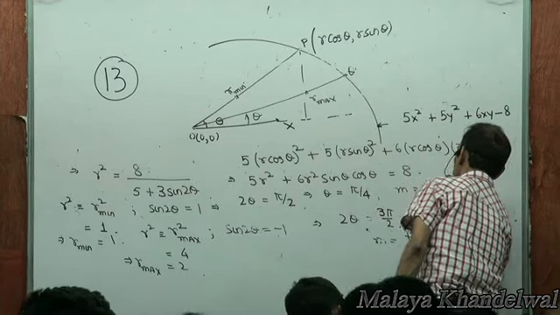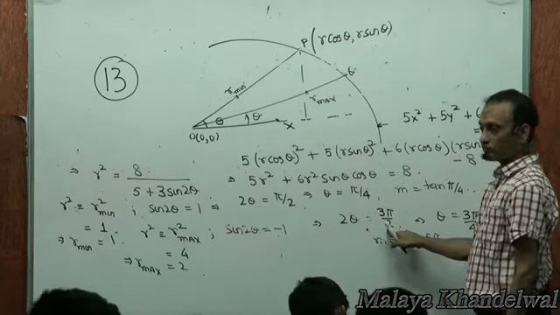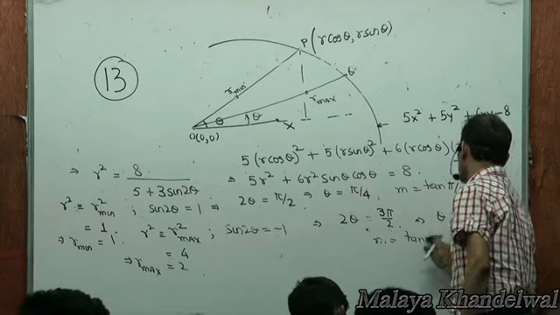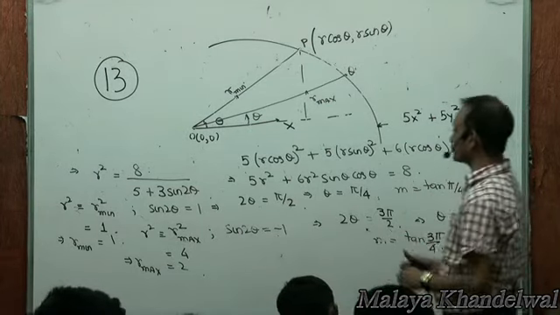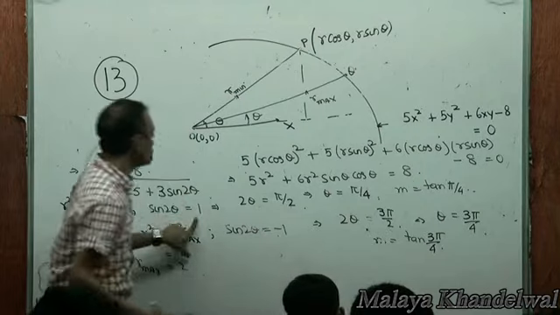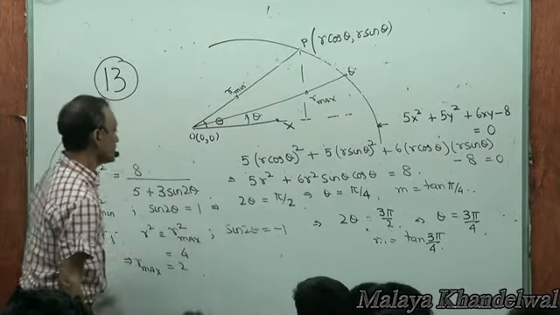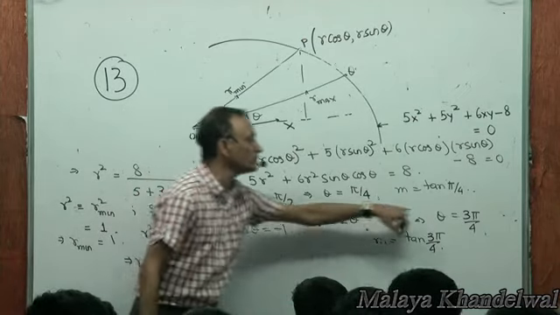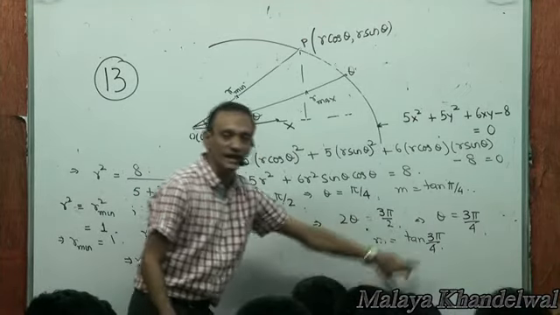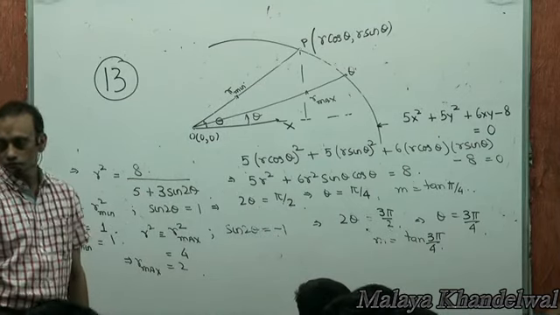So the slope would be tan 3 pi by 4. I'm so sorry about this. Please fix this. I hope you realize the mistake I made. Sin 2 theta is 1, so 2 theta would be pi by 2, theta would be pi by 4. If sin 2 theta is minus 1, 2 theta would be 3 pi by 2 and theta would be 3 pi by 4. The slope would be tan 3 pi by 4. Sorry about that. Clear?